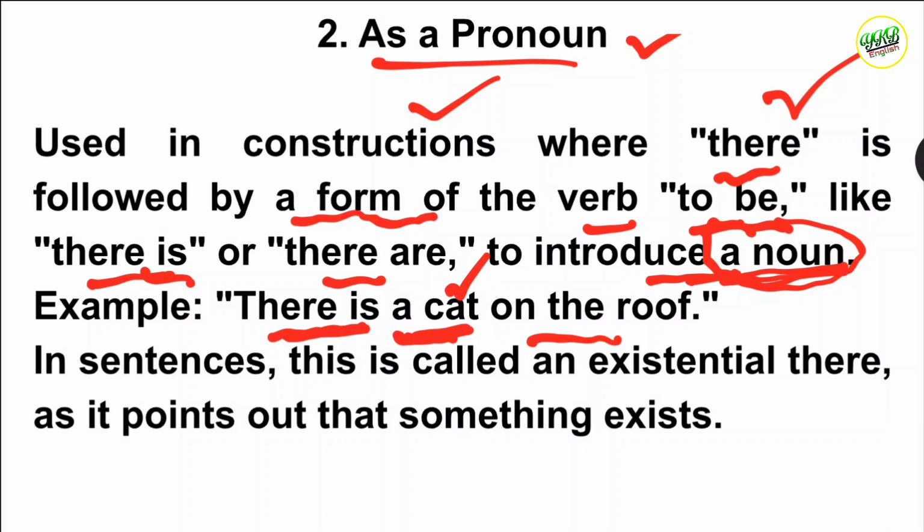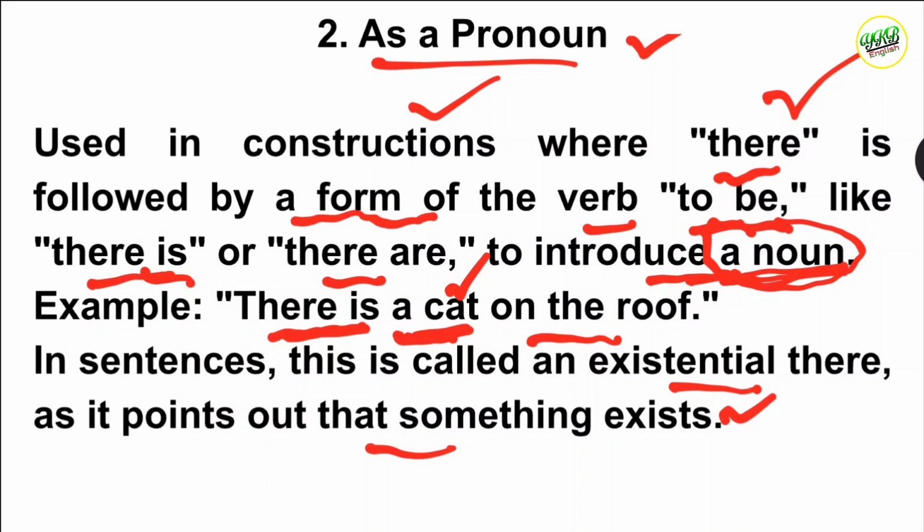There is a cat on the roof. In this sentence, this is called existential "there", pointing out that something exists. I hope you understand. This is a very common use of "there".